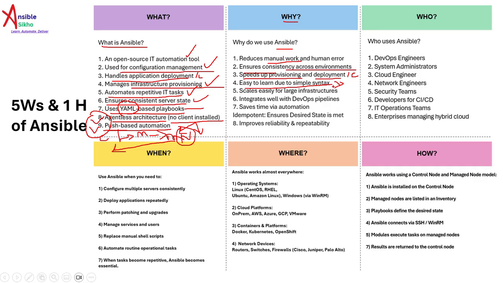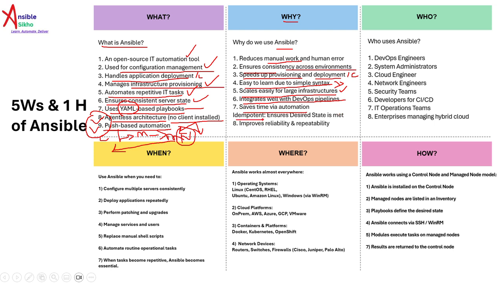It scales easily for large infrastructure. It is very flexible, that is the reason it scales at a large level. It integrates well with the DevOps pipeline. It saves time via automation.